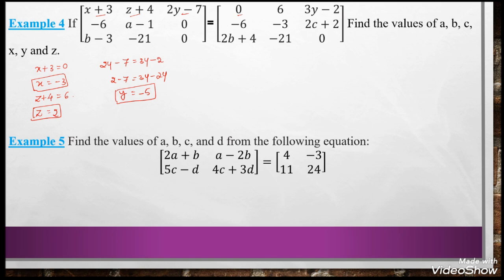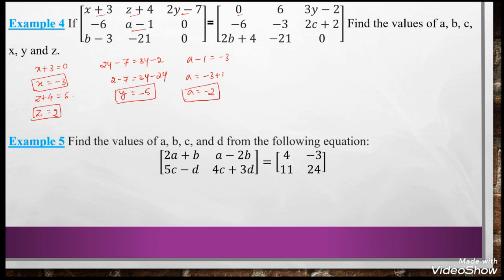Again, we have to take the values of a. Taking the element, a minus 1 is equal to minus 3. A is equal to, take minus 1 on this side, it becomes plus. Minus 3 plus 1 becomes minus 2.